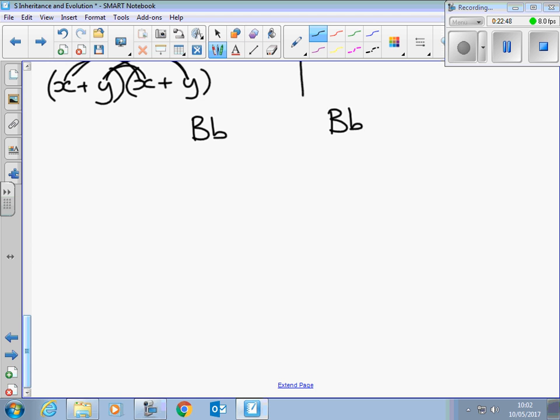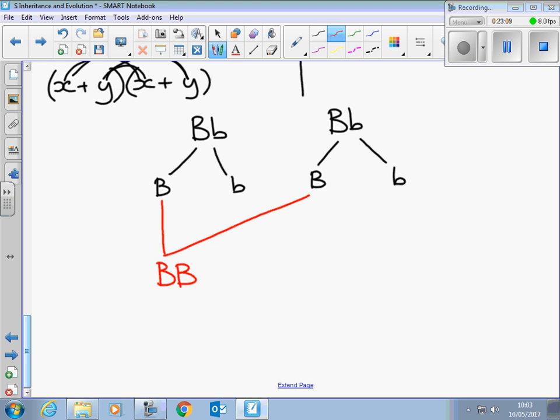They produce gametes that contain one of these. Half their gametes contain that, half their gametes contain that. Half their gametes contain that, the other half contain that. So we can now put, let's say, this egg with this sperm, and we get that. We could, however, put that egg with that sperm and get that.